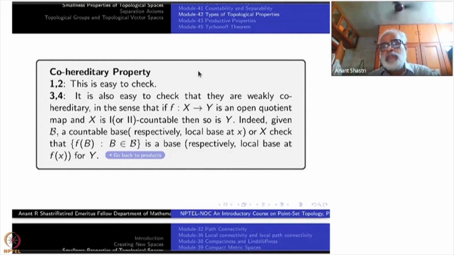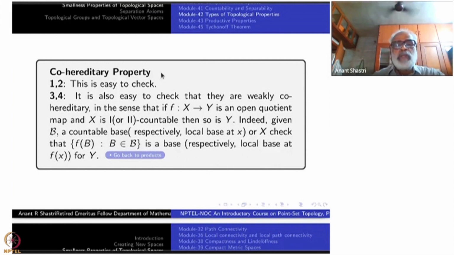If you don't remember it, you can just argue. Take an open covering for the quotient. The inverse image will be an open covering for the original space. Take a finite subcovering and come back.